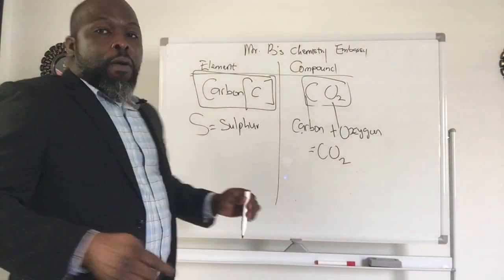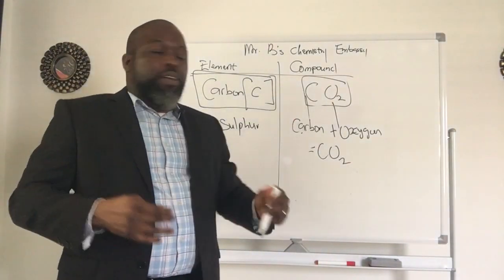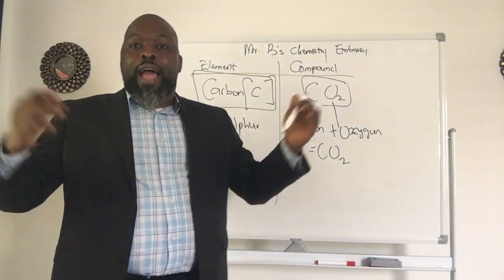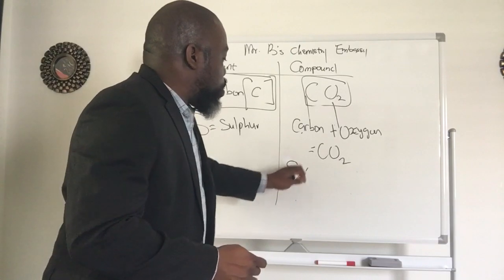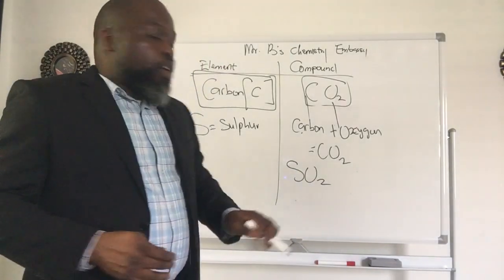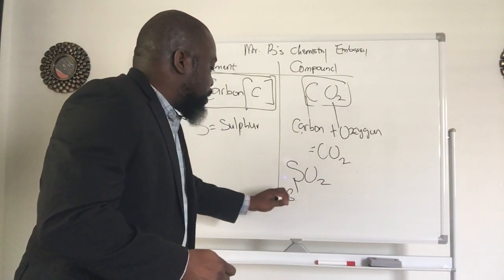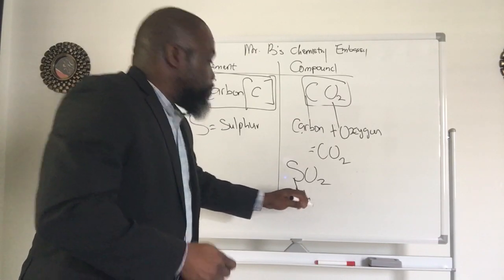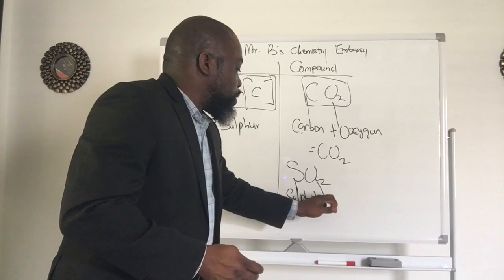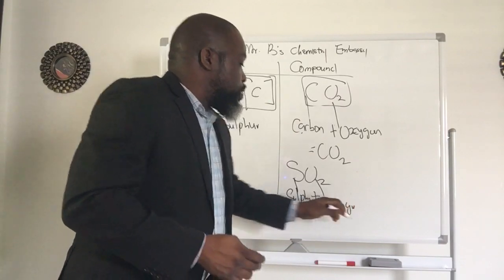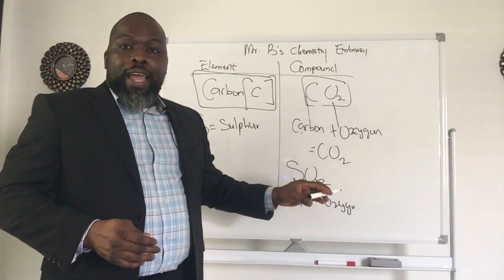Let's now combine sulfur plus something else. Let's combine sulfur and oxygen. That will give us SO2. So what is our S? Our S is our sulfur and our O is our oxygen. That gives us sulfur dioxide.